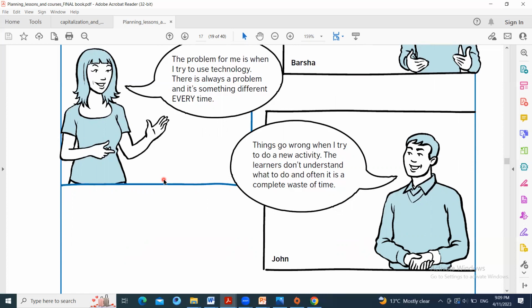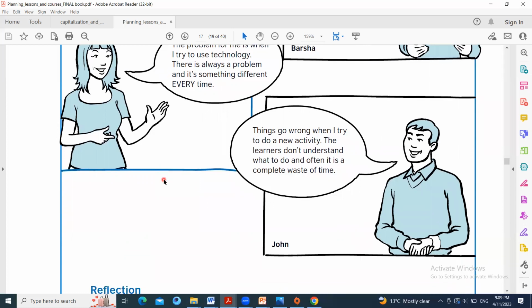The learners don't understand what to do, and often it is a complete waste of time. And this is John. So I want you to think of some type of advice to make for all of them.